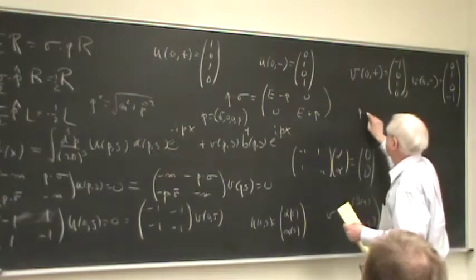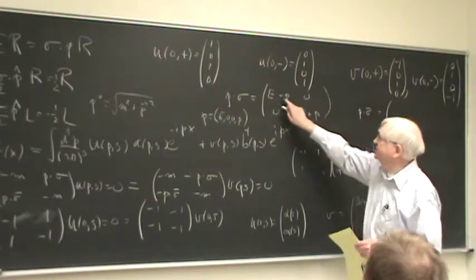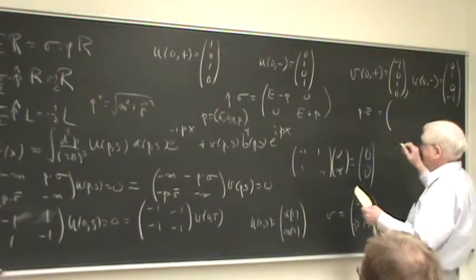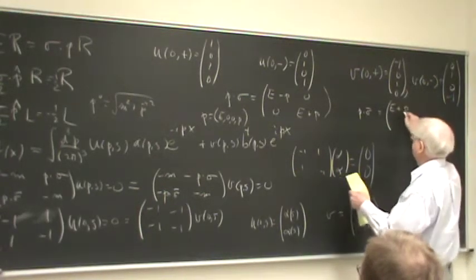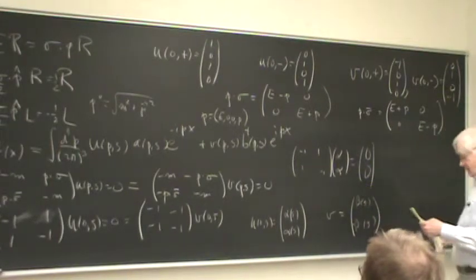And p dot sigma bar is the same thing, but you flip the spatial sigmas, and so this is E plus P, 0, 0, E minus P. Okay.